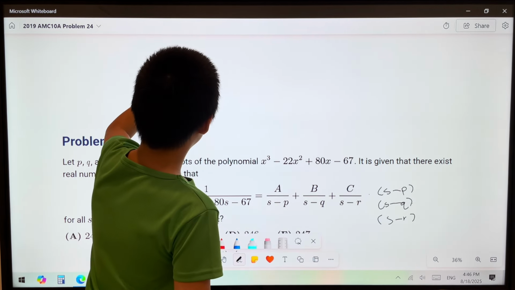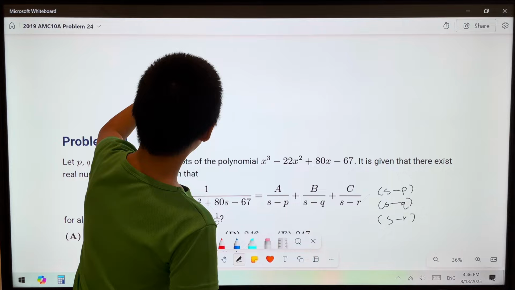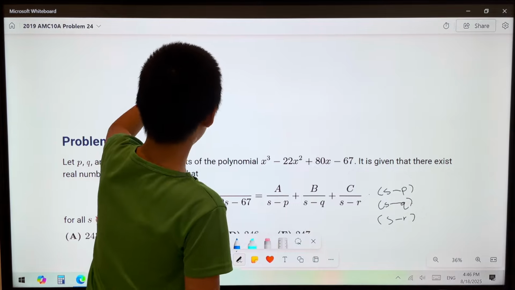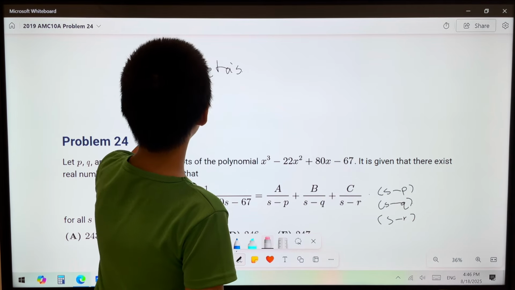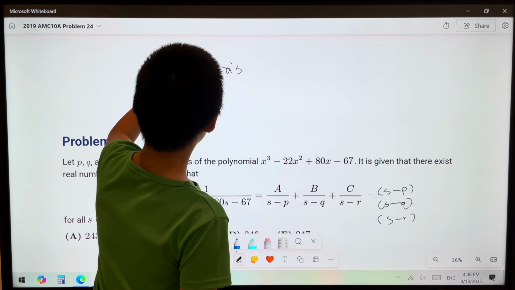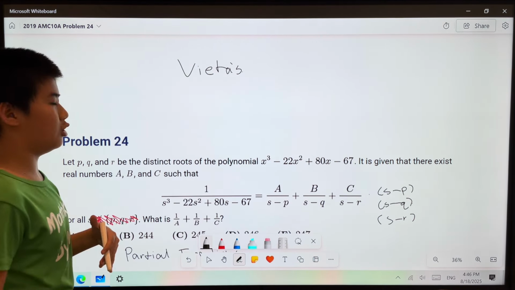Something called Vieta's, which is some formulas that are really, really useful for a whole lot of questions, right?